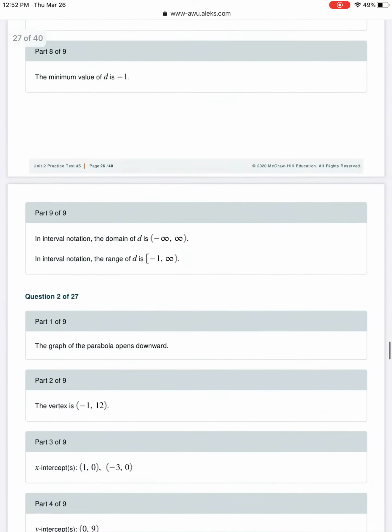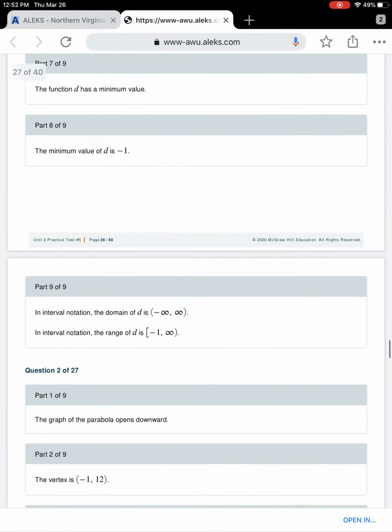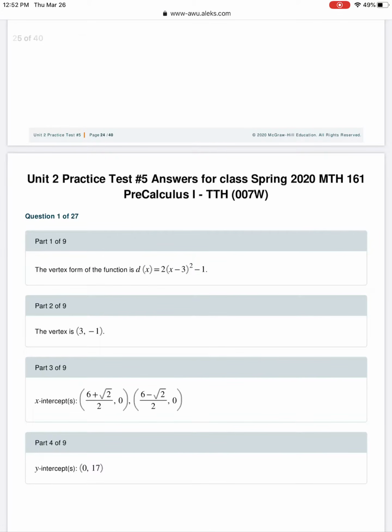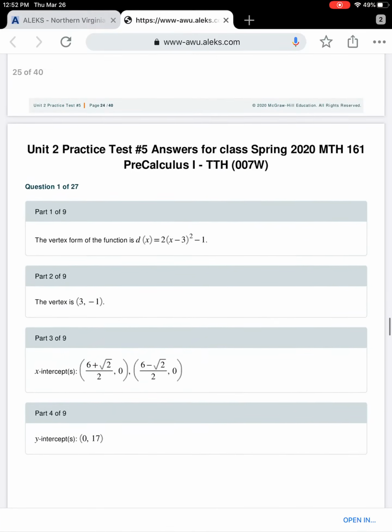Oh no, but I know what they're doing. It has the answers in the back. See, these are all the answers all the way in the back, and I'll give you these too. Pages 1 through 24 are the problems, and from 25 all the way to 40, these are the solutions. And I'll give you these ones, okay?